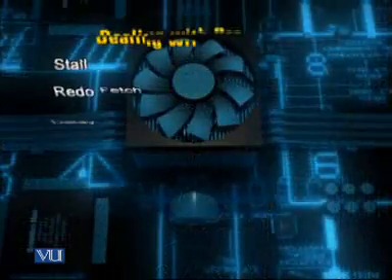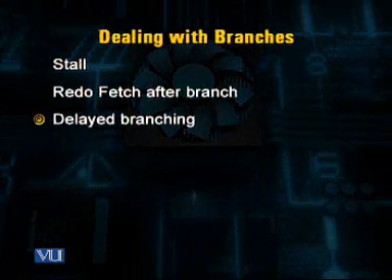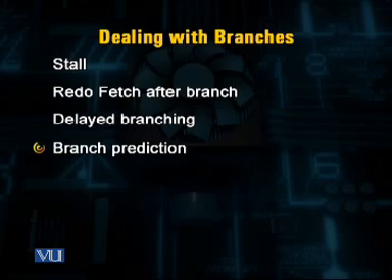There are a number of other techniques which can be used to reduce or eliminate the number of stall operations in order to overcome the branch hazard or the control hazard. These techniques are known as delayed branching and branch prediction.